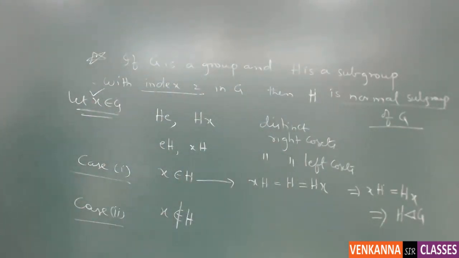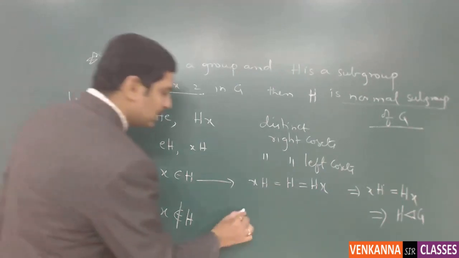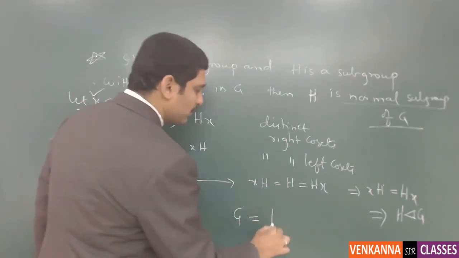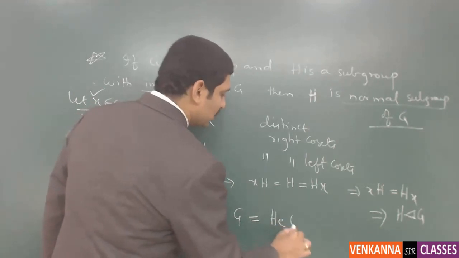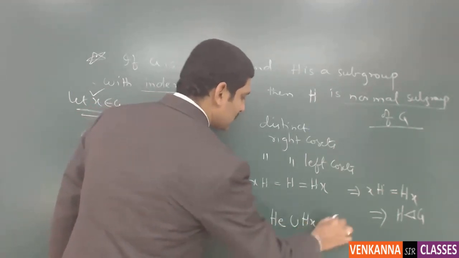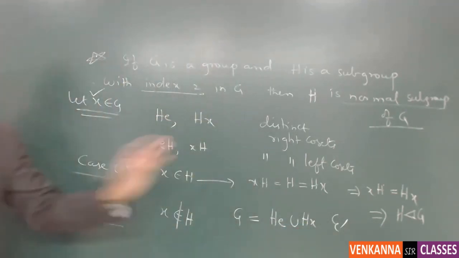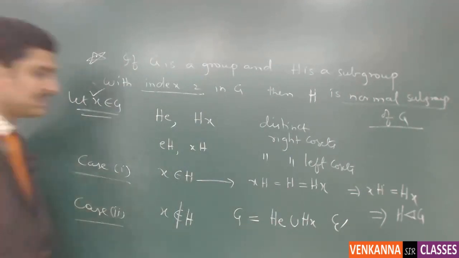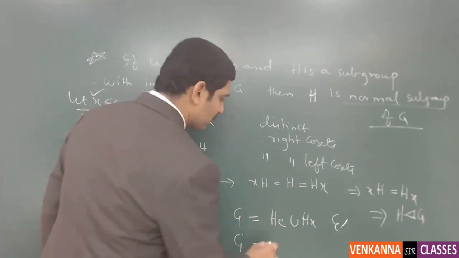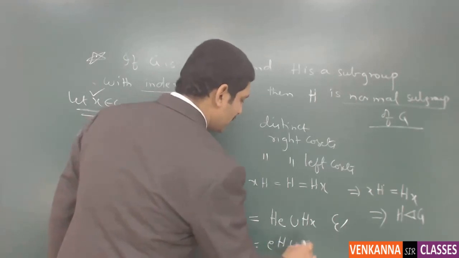You have written the group also. Did you verify or not? So from this you can write G is equal to HE union Hx if you write the right cosets, and you can write G also as EH union XH.